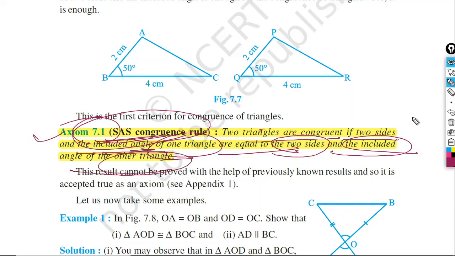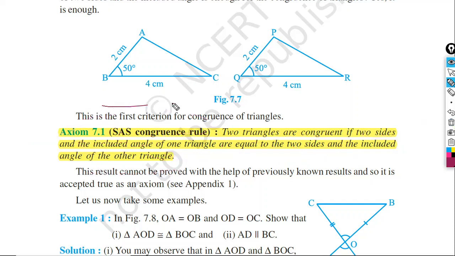Okay. So for example, we will look at this figure. Here you can see figure 7.7. In between two triangles, you see two triangles are there. Two sides you see BA and QP are equal, and BC and QR are equal.